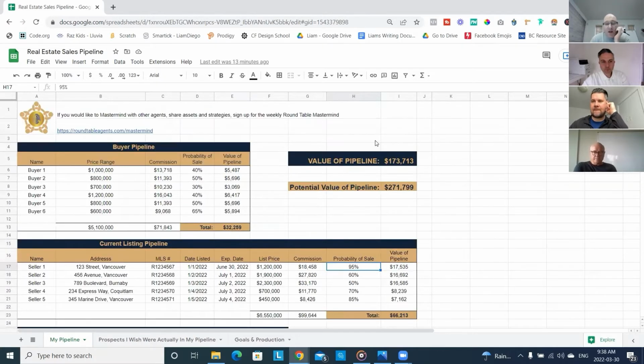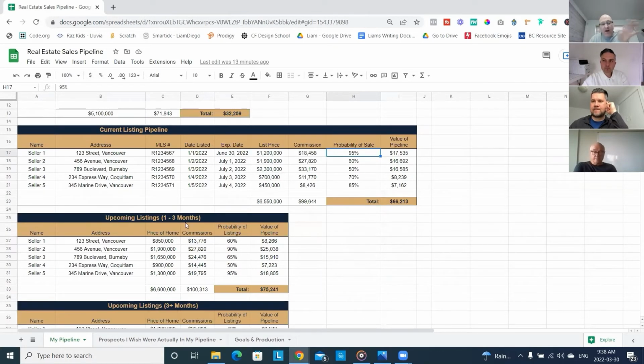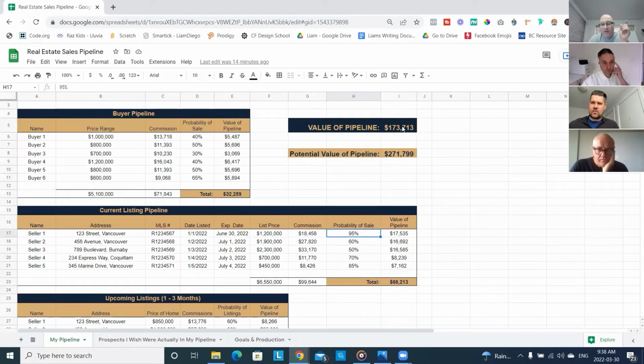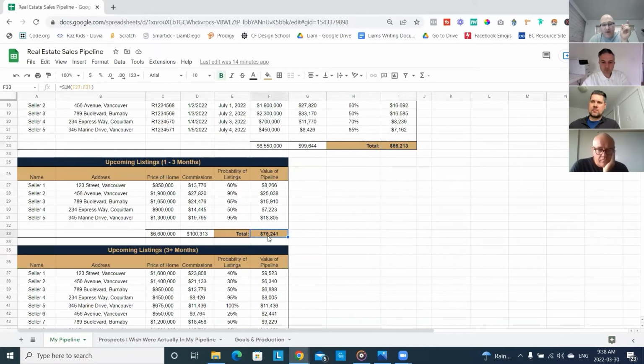Then we have our 3 months out, which obviously is missing a little bit of information. You don't have an MLS number yet, you don't have these dates, but 1 to 3 months out, these are people who I would include in my calculation of my pipeline. So value of pipeline here is adding up this number here, and this number here.